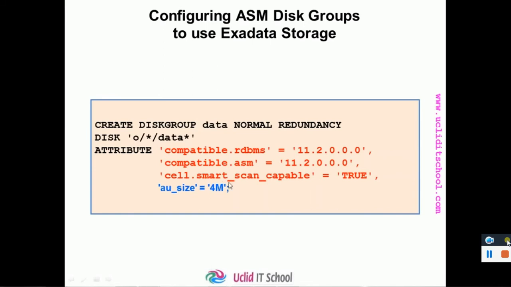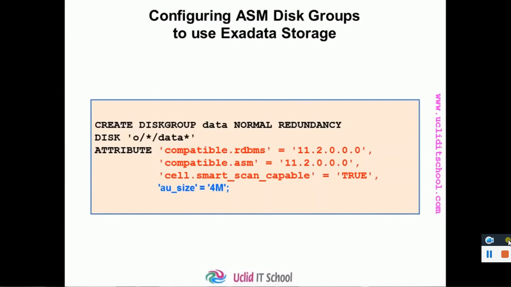And the attribute cell.smart_scan_capable should always be set to true. Then only smart scan will be used for the data stored on the disk group. If you don't set this and you have some data on this disk group, smart scan will not be used for that data, so you lose that advantage of smart scans.